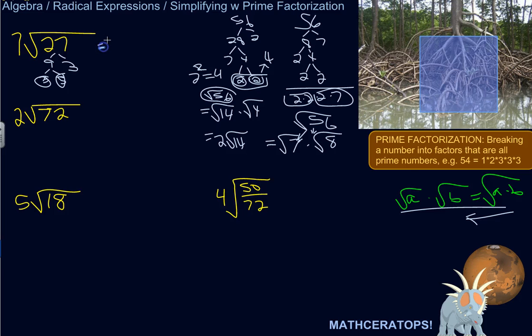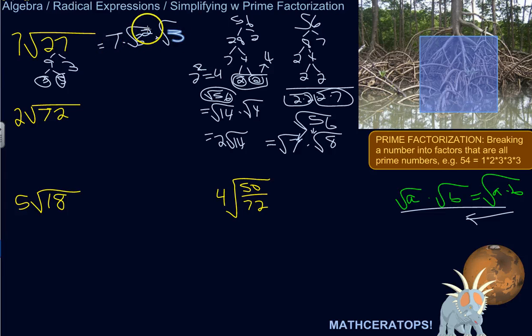So this is equivalent to 7 times the square root of 3 squared times, and then we had another 3 left over here, times the square root of 3. Because 3 squared times 3 is 27. So the square root of 3 squared times the square root of 3 is equivalent to the square root of 27.